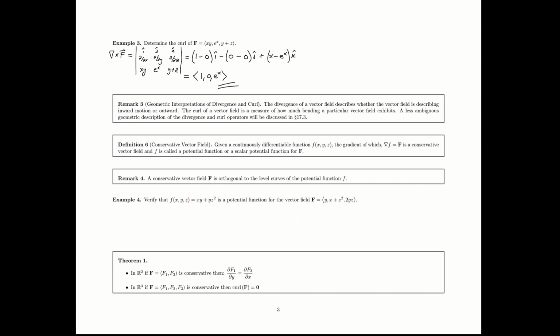What is the gradient of f? It's a function of 3 variables, so the result should be a 3-component vector. The x component is y. The y component is x plus z squared. And the z component is 2yz, which does match the vector field F.